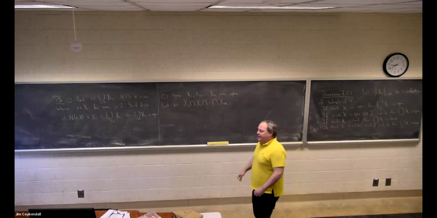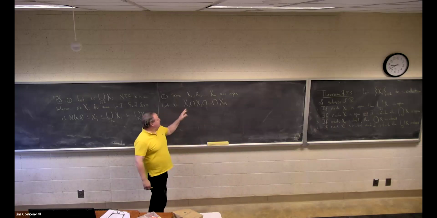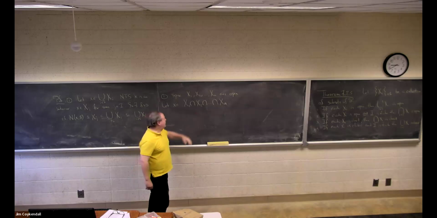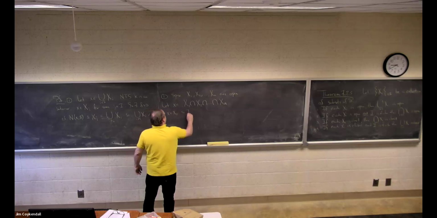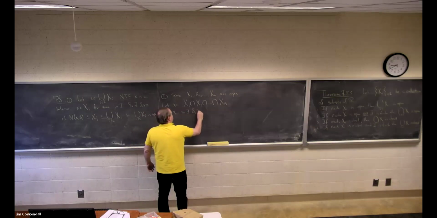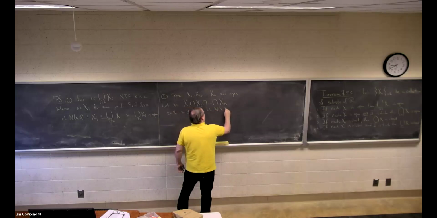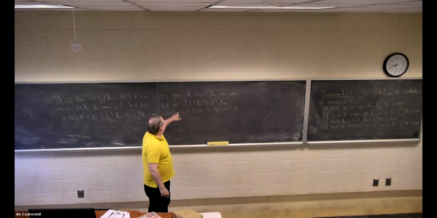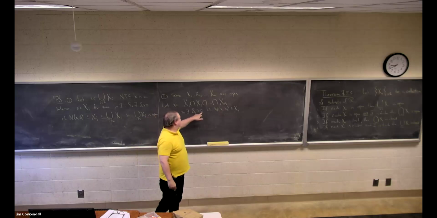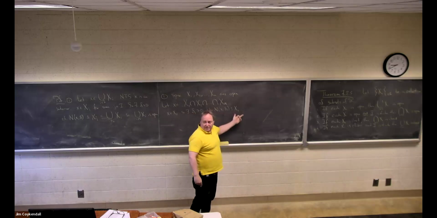Well, let me gather my data. x has to live not just in one set, but in every set now, right? Because it's an intersection. x is an interior point of X1, so there's a delta positive such that the neighborhood of x of width delta fits in X1. Do I agree with that?